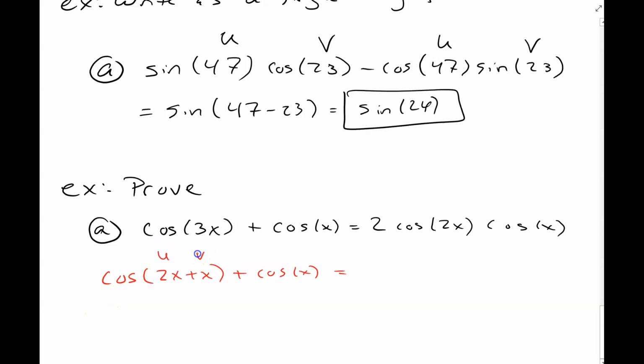So this is like my u and that's like my v. So I have cosine of u times cosine of v minus sine of u times sine of v. And then I still have that cosine x floating around there.